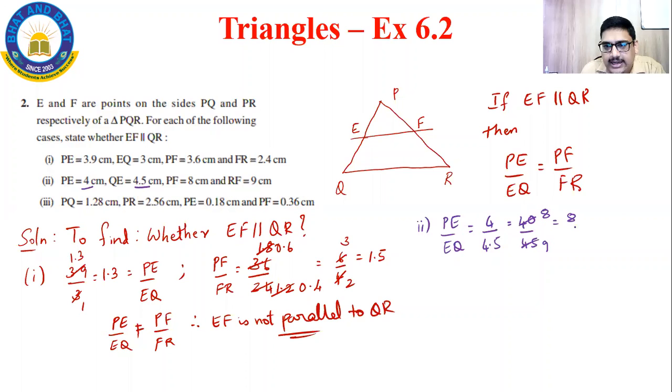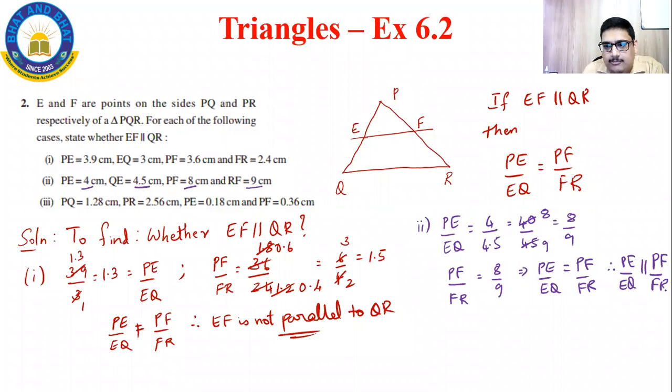So this is nothing but 8 divided by 9. Next, I have to find PF divided by FR. What is PF? 8. What is FR? It is given as 8 by 9. So that means PE divided by EQ is equal to PF divided by FR. Therefore, PE divided by EQ is parallel to PF divided by FR.